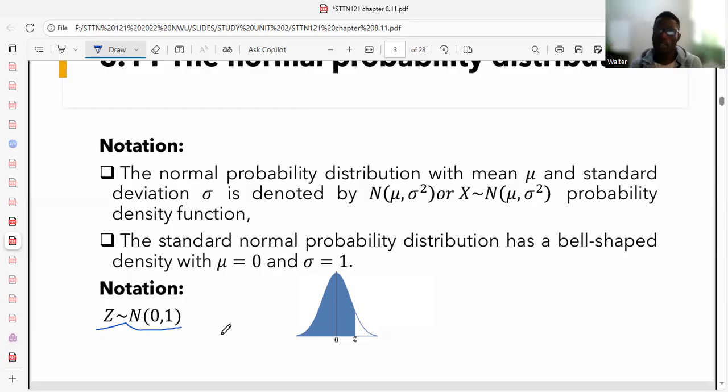If they give you a statement and also a symbol like this one, just know that they're trying to tell you that Z is normally distributed with a mean of 0 and a population standard deviation of 1. You see, this 0 is for the population mean and the 1 is for the population standard deviation.